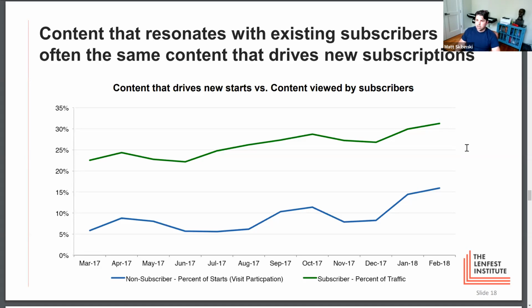It seems obvious, but it's usually the easiest of these different things that you can actually track. What this chart is showing is that there's generally a correlation, kind of a similar path, between content viewed by subscribers disproportionately and content that drives new starts. So if nothing else, you can say, I'm going to look at what's popular with subscribers and try to produce more of that, even if it means producing less of something that is less valuable.